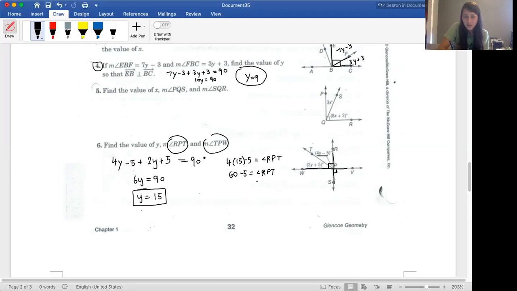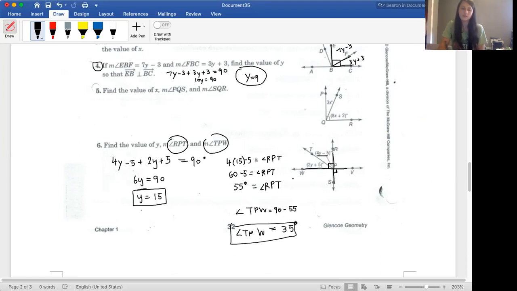So if one's 55, how could you find the other one if they're complementary and adjacent? Well, can't you just do 90 minus 55? So TPW is 90 minus 55, or you could plug in 15 into the little expression there and find it. But I'm going to subtract, and I believe it's 35. So angle TPW is 35. Don't forget to put a little degree sign there and this degree sign.